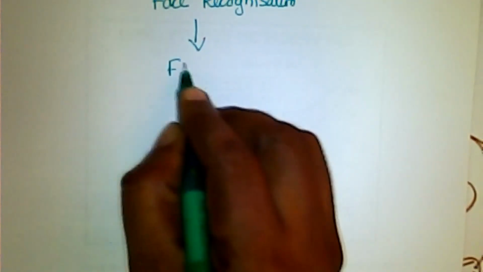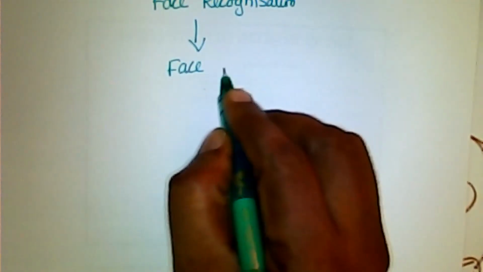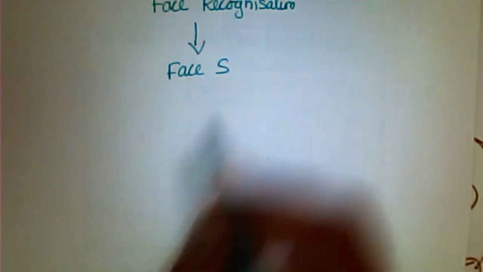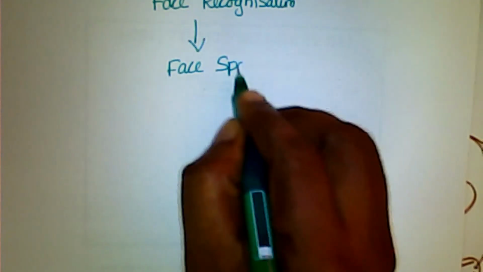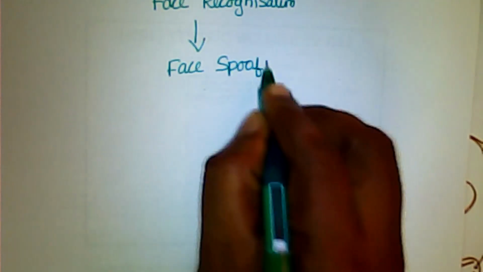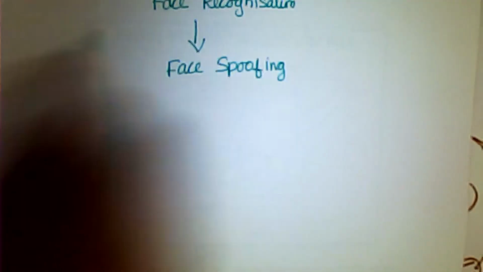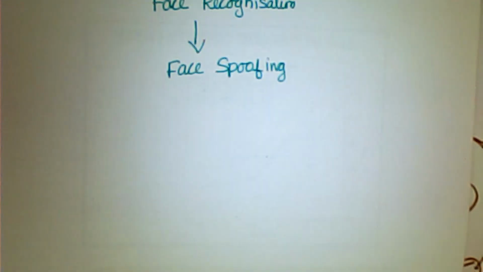When you put face recognition, I narrow down the topic to spoofing, face spoofing. That is what we have seen here in the topic. You can see from the topic that it is called face spoofing.